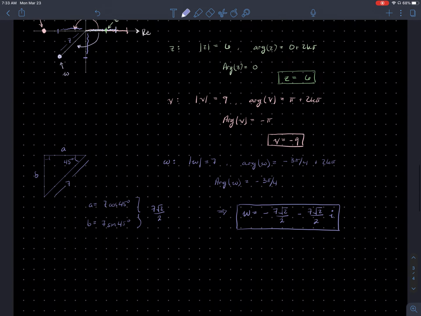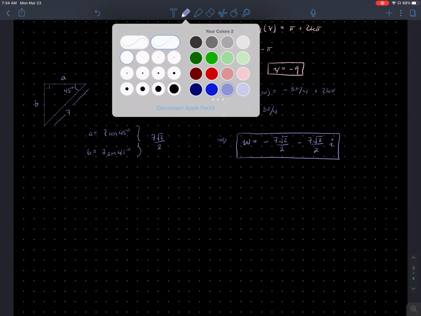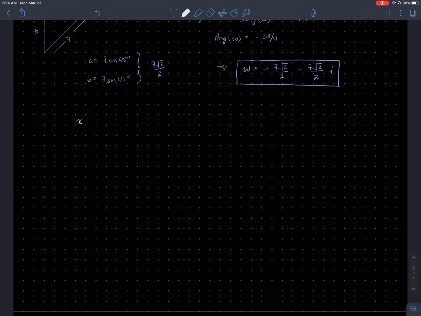There is another way that we can think about this, right? Because if you recall, for Cartesian and polar conversions, we were using x is equal to r cosine of theta and y is equal to r sine of theta for converting from polar to Cartesian.